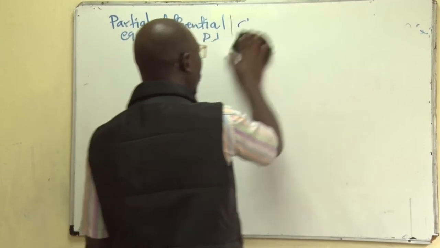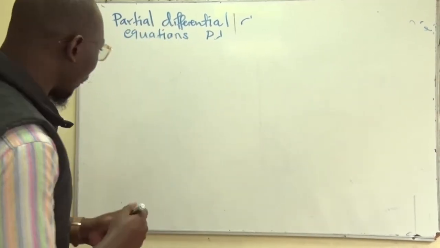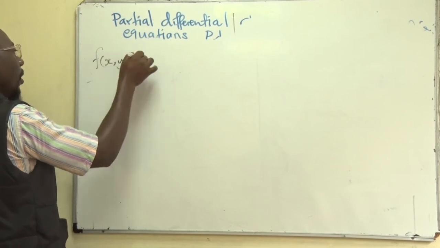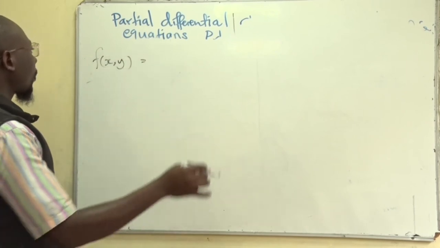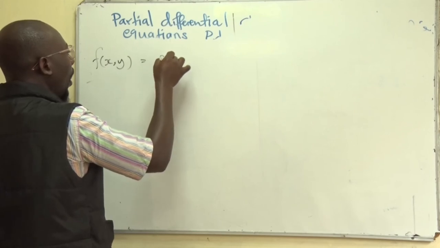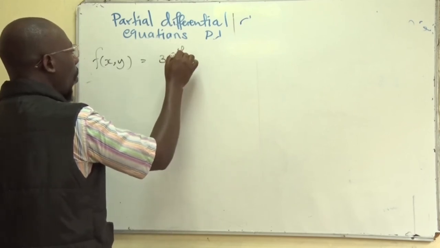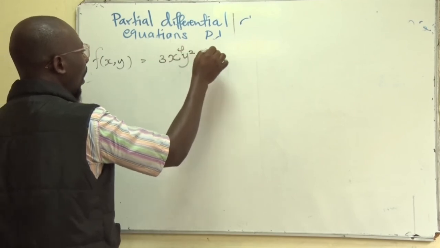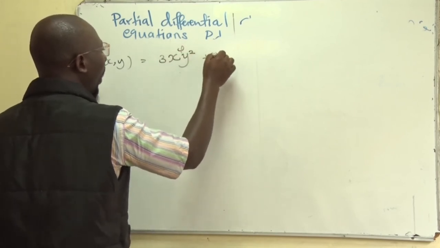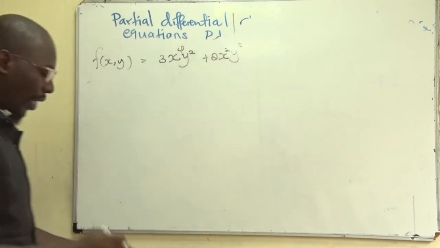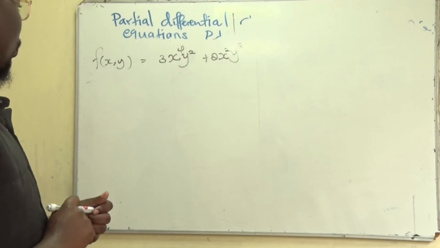The last part we are going to capture in this one is a derivative which is of a different base but second order. For example, let's have f of x, y given as 3x to the power 4 y squared plus 2x squared y to the power 3. So that one is our function of x, y.